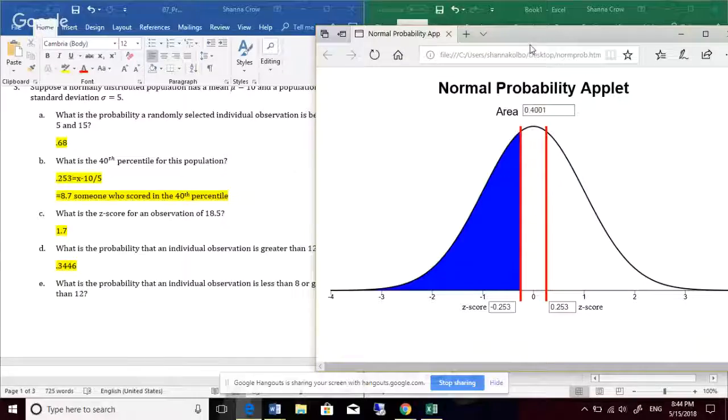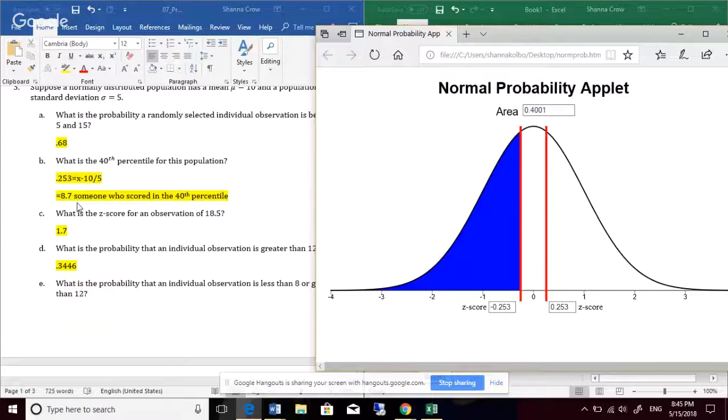Where do I go from there with the z-score? Okay, so then this is the z-score, the 0.253, right? And you plugged it into the formula, and what did you get when you plugged it in? I don't know where to plug the z-score in. Oh, okay. Am I solving for x? Right. Yeah.